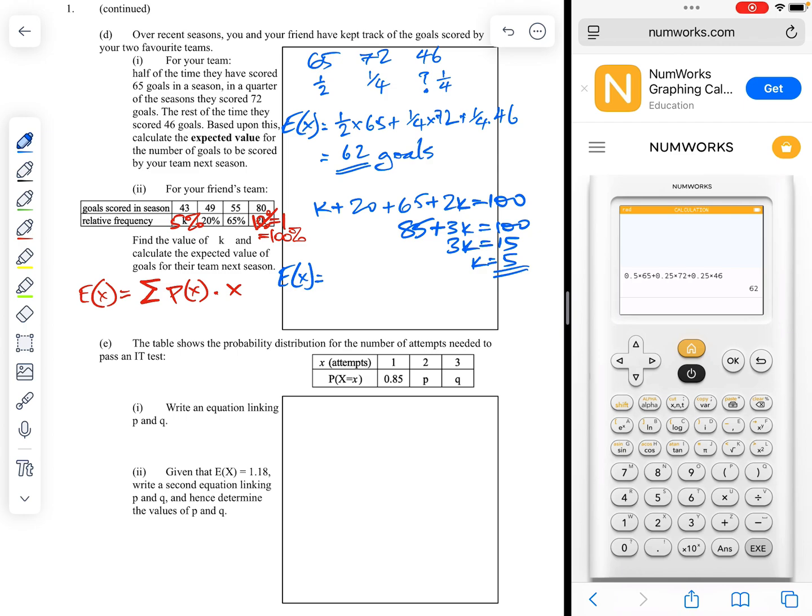So 5% is 0.05. 0.05 multiplied by 43 plus 0.20 multiplied by 49 plus 0.65 times 55 plus 0.10 times 80 equals, to the calculator, 0.05 multiplied by 43 plus 0.20 multiplied by 49 plus 0.65 multiplied by 55 plus 0.10 multiplied by 80, and we get an answer of 55.7.